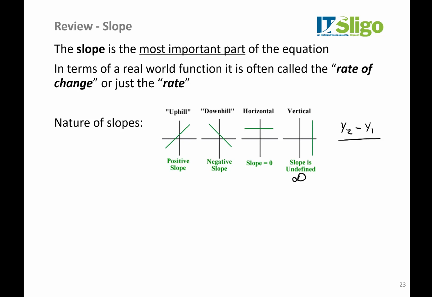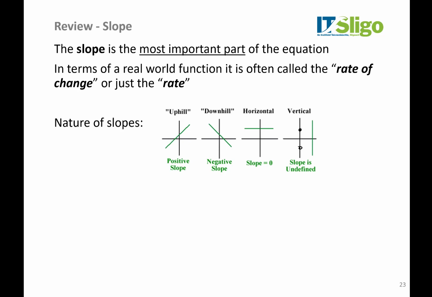You can see, guys, there's no change in the x values in a vertical line. So that's going to give you 0 on the bottom. So that's why they say it's undefined. You cannot find a value that's got a 0 on the bottom of a rational term, of a fraction. So that's what we mean when we say the slope is undefined.